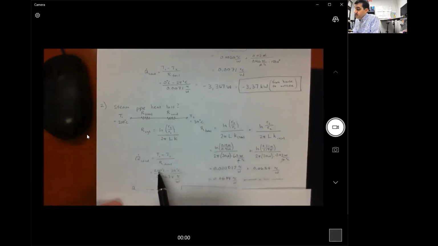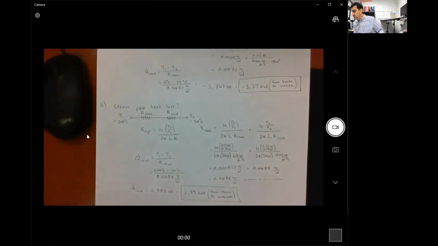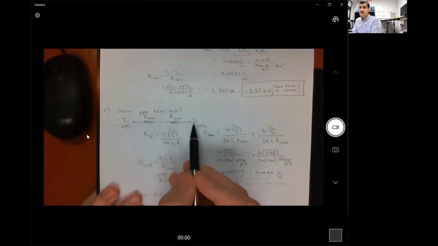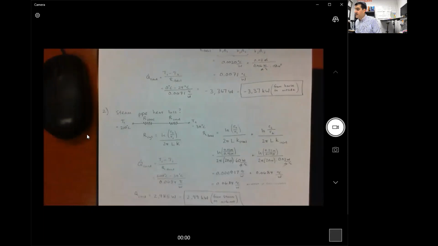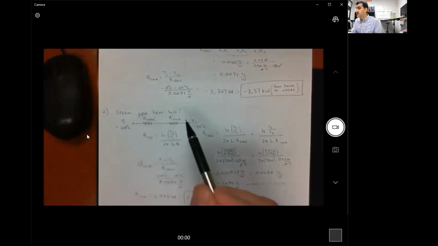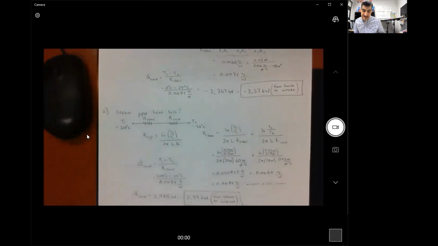So I just left it in Celsius, and we plug in our thermal resistance there for conduction, and then we plug that into our calculator, and that's what we get, 2,485 watts, which is 2.49 kilowatts. And notice it's a positive number, so that means the heat was transferring left to right, as we assumed, through the thermal resistance network. So the heat is being transferred from the steam to the outside of the pipe, just as you would probably expect or assume.